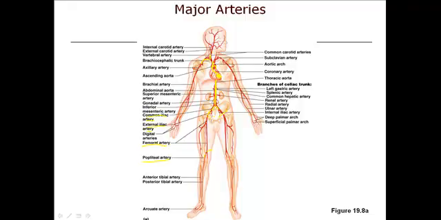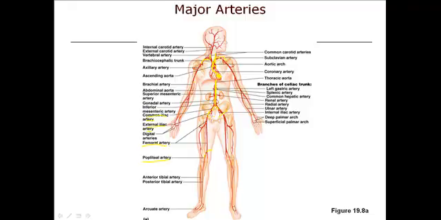On the middle branch, the second branching off of the aorta will be the left common carotid coming up here, and then the left subclavian going out to the arm.